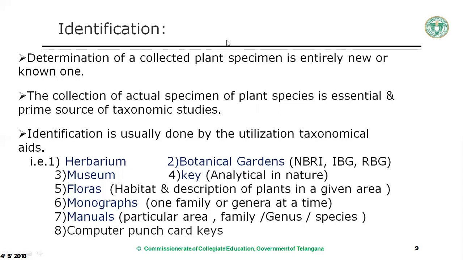Museum is another taxonomical aid, found in schools and colleges or biological laboratories. With the help of preservatives, we can preserve plant or animal species or sometimes plant parts also.